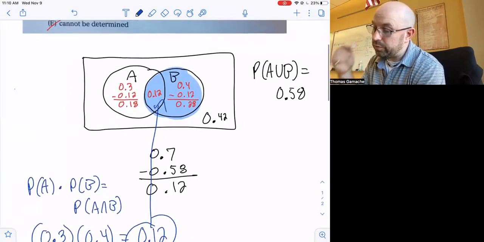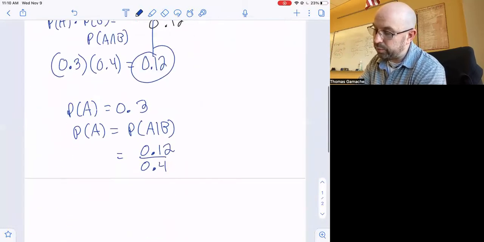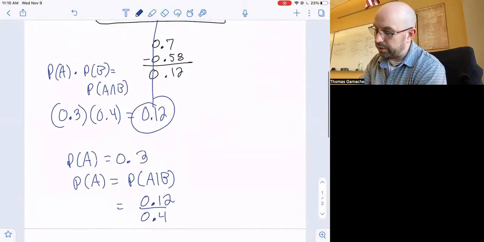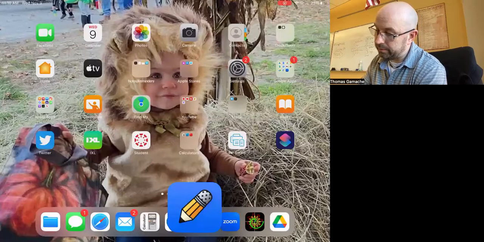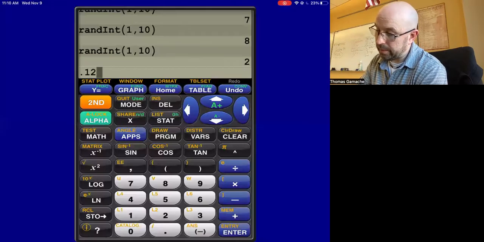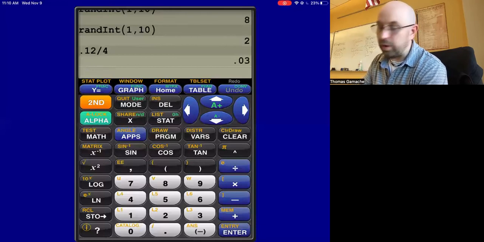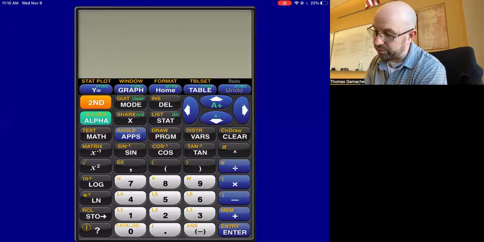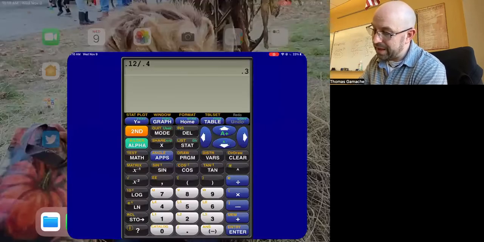So now the way I can prove independence is if I do 0.12 divided by 0.4. Let's do that. My decimals were off. Let's look at 0.12 divided by 0.4. Notice how I'm getting 0.3. That's awesome.